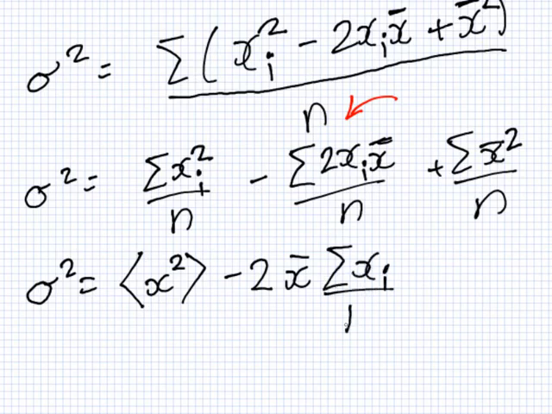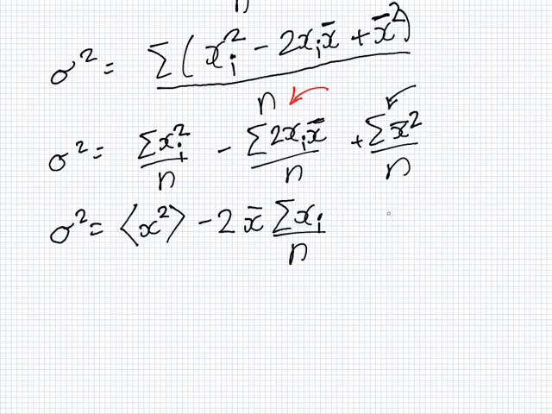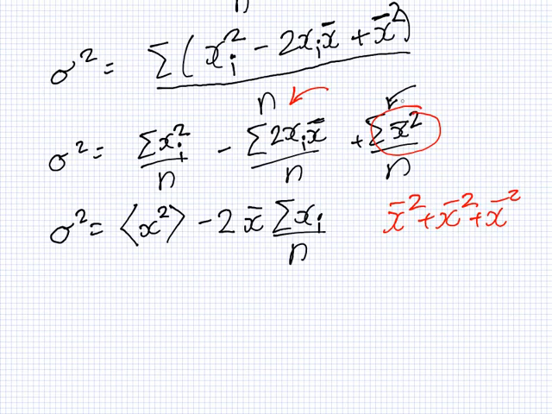So I'd have minus 2 x average times the sum of xi over n. Now what's in common here in the last one? Yeah, x average. The last one is x average squared plus x average squared plus x average squared. These are all the same. It's a constant. So I can take it out again. And what am I left with inside?